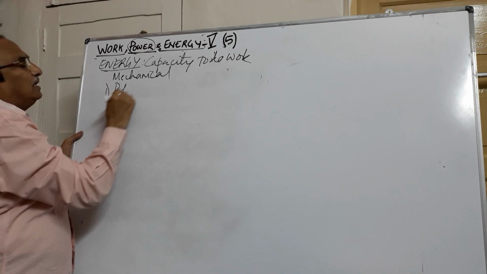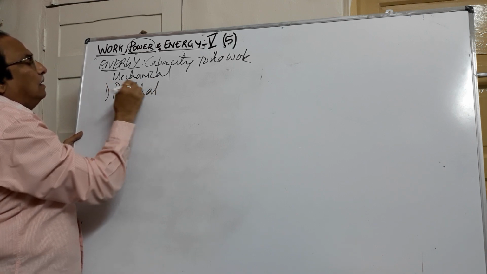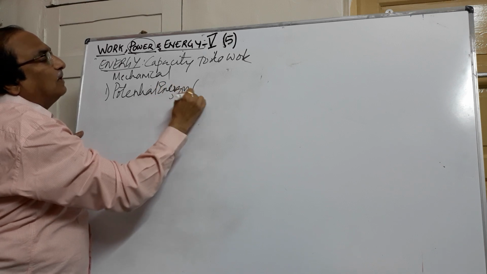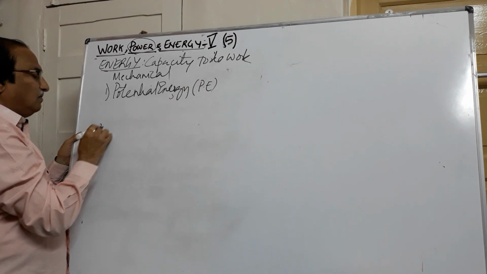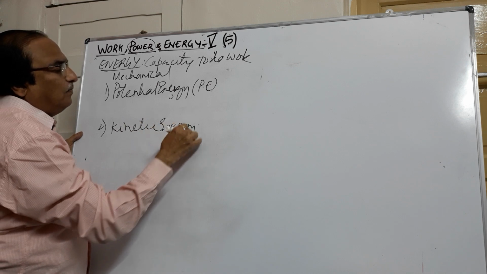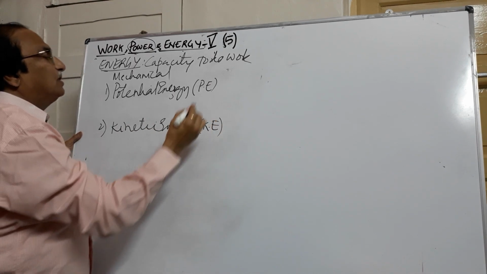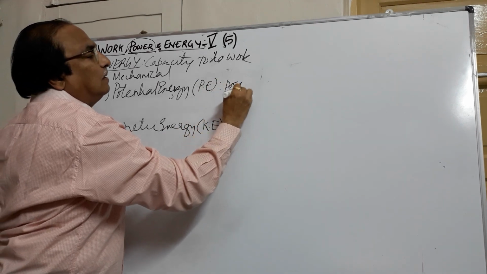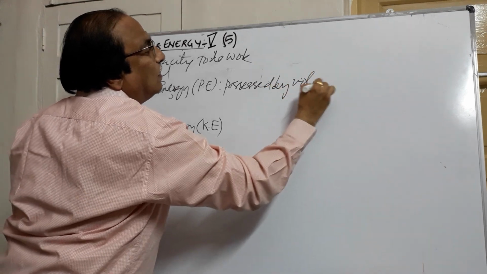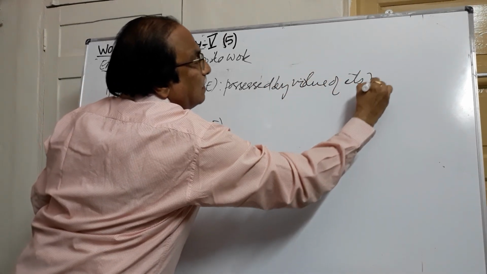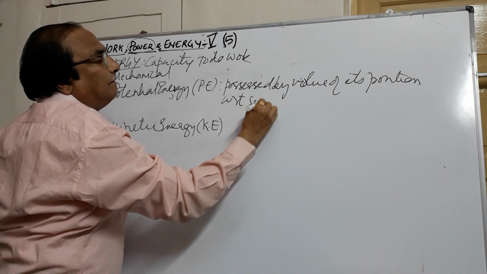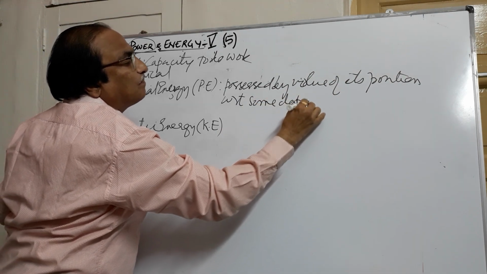One is the potential energy, which we abbreviate as PE, and second one is the kinetic energy. We abbreviate it as KE. Now this potential energy is the energy possessed by virtue of its position, by virtue of its position with respect to some datum or reference.